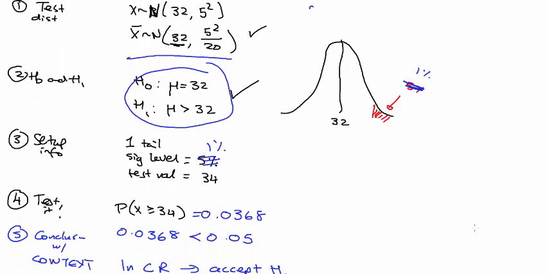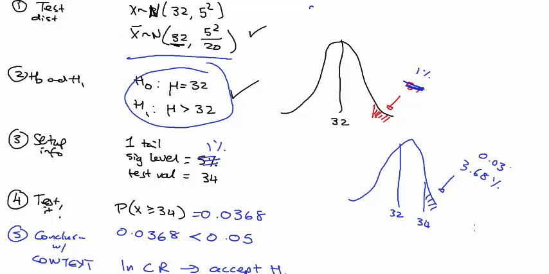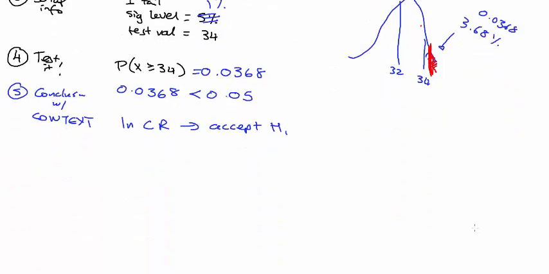Now we know that when we look at 34 here, that is 3.68%, or 0.0368. So before, when we were looking at the 5%, if that's 3.6%, obviously it falls inside the 5%. However, when we're looking at the 1%, can you see 1% is going to be on this side? So that's the critical region cutoff. So here's the deal.